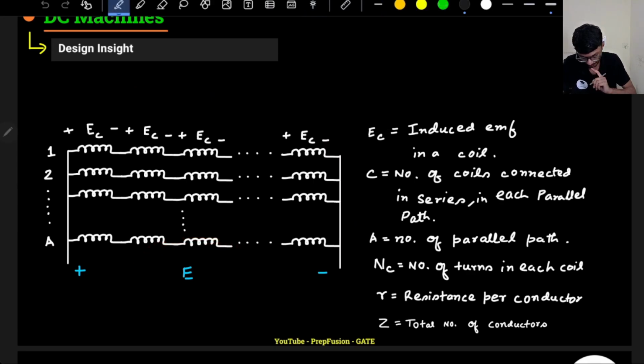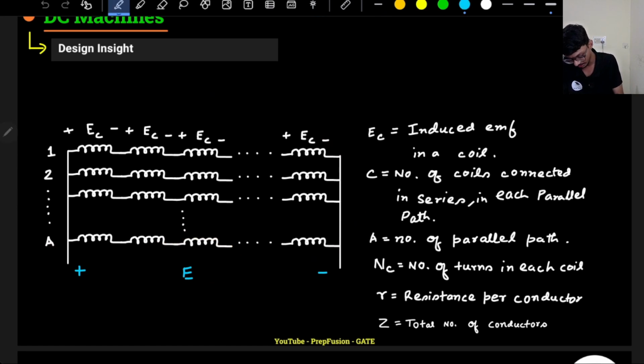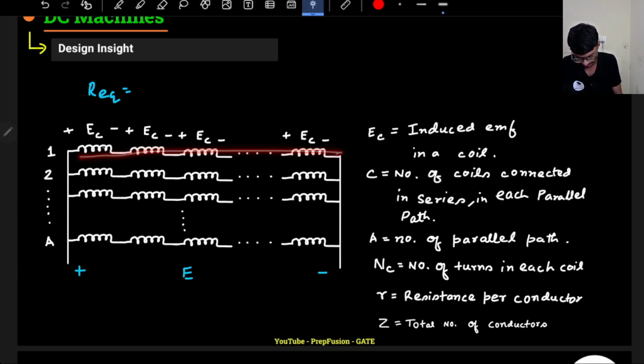So what I can comment is the R equivalent. To find the R equivalent, all these are in series and then they are in parallel. But before that, I want to write what the total number of conductors equals. In each parallel path I have a total of C coils, and I have A of these parallel paths.